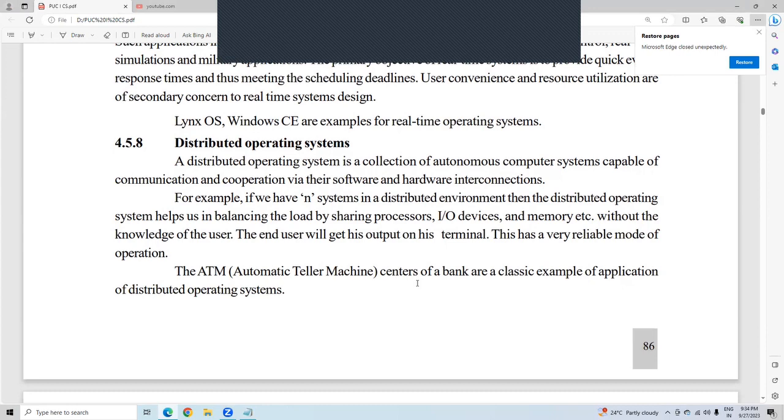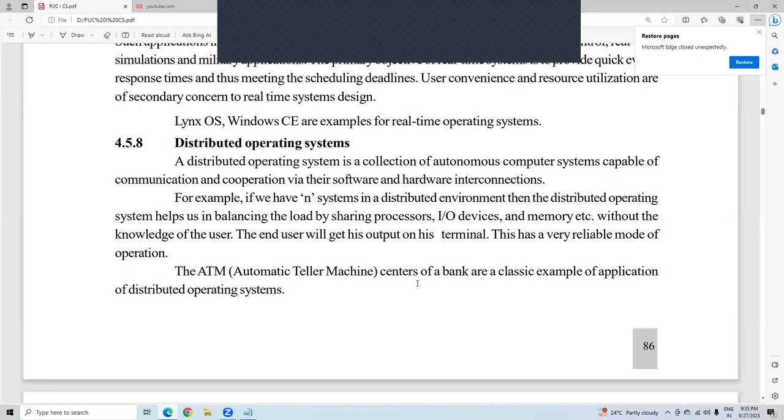We have the distributed operating system. It is a collection of autonomous computer systems capable of communication and cooperation via their software and hardware interconnections, right?